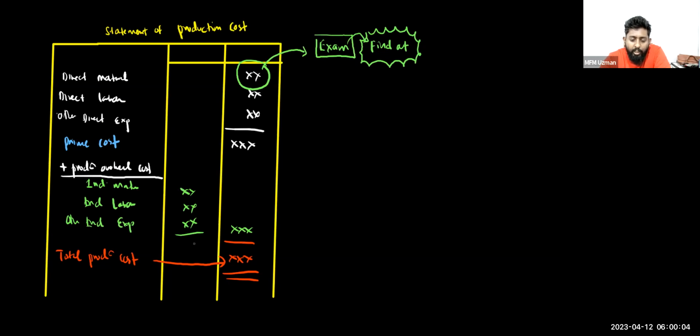If you add all indirect expenses, you get total production cost. However, in the exam, the examiner might want you to find out the direct material, which means the direct material actually used. Now, for those who did not understand what direct material used is, use common sense and answer.